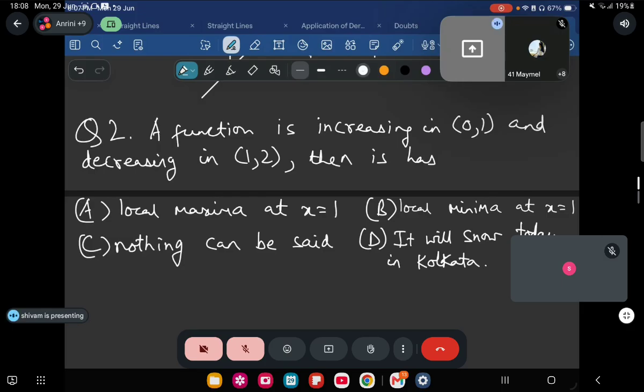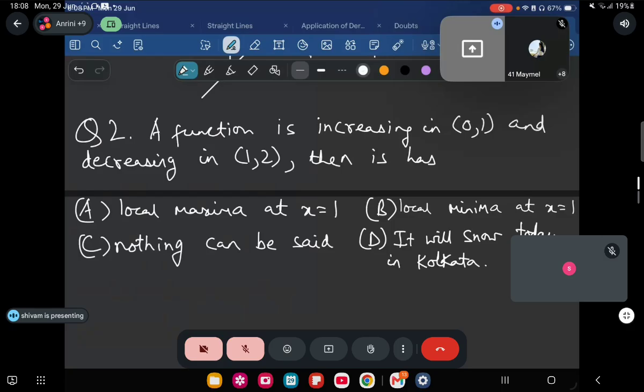Devatri, now it is correct. Yes, Athok, now it is correct.